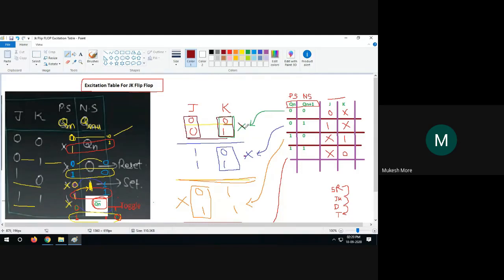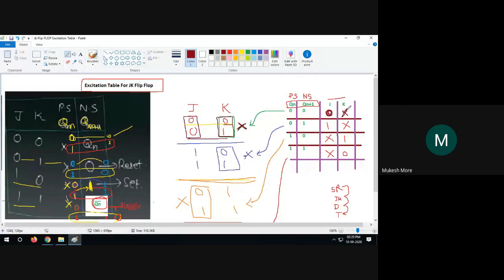Now instead of that 0 1, we will use the don't care. Okay. Now you can write here J=0 in the excitation table, and K equals don't care, because the K value changes.